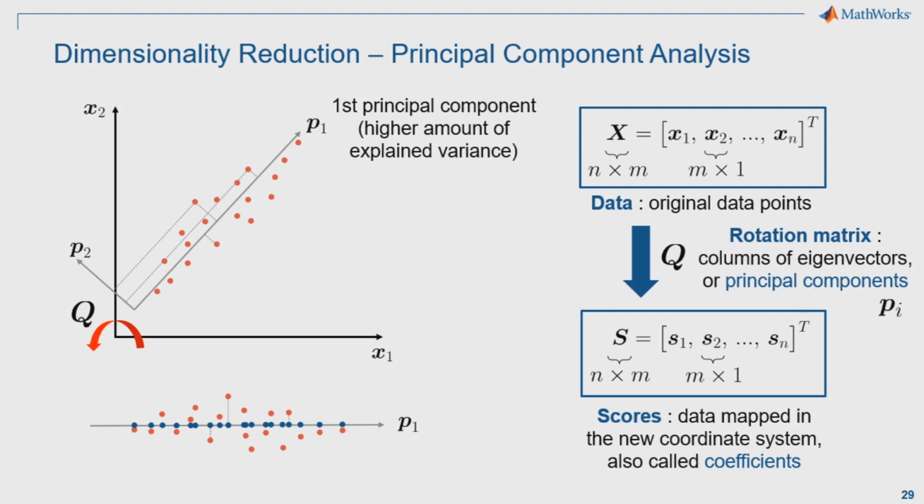This can be achieved with a linear transformation, using PCA, with just a rotation. So we have a matrix Q which rotates our dataset X in order to achieve a different representation in which the projection of our dataset in the new reference frame is more meaningful.